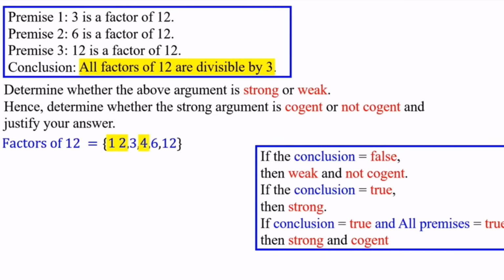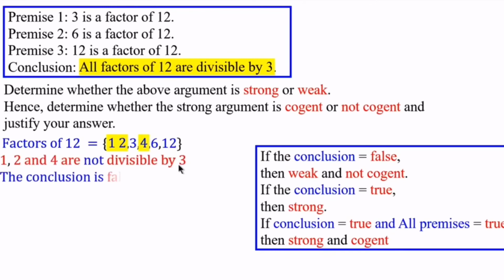When the conclusion is false, we say the argument is weak and not cogent.